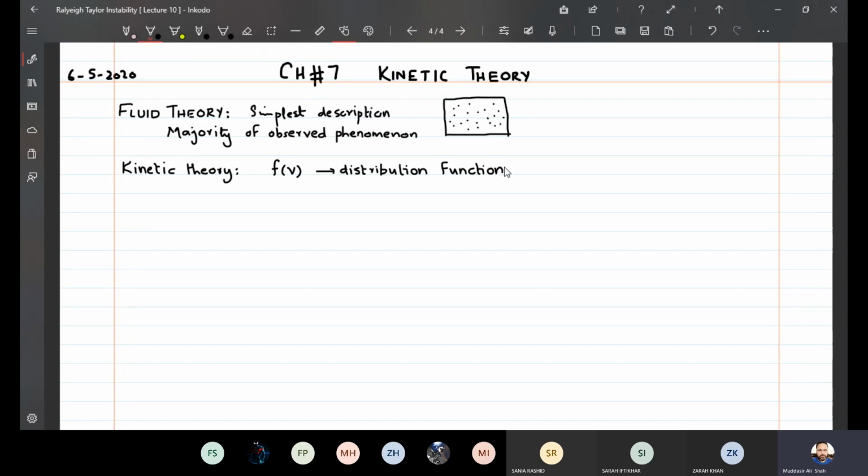In fluid theory, we usually consider a Maxwellian distribution, but we see that in many cases the distribution is not Maxwellian. We are far from Maxwellian distribution.